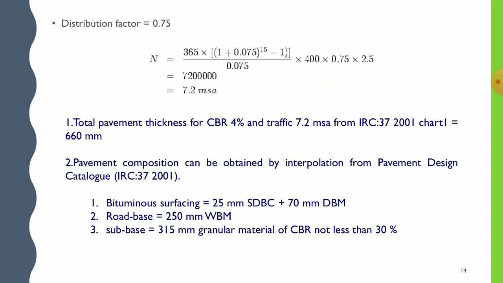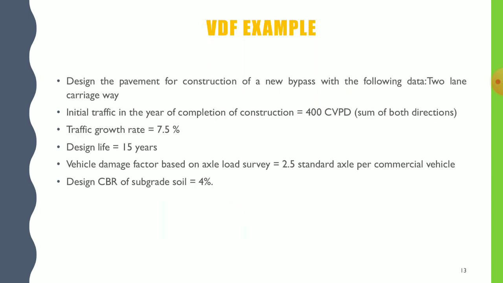We can make any blend or composite pavement also with the help of this depth. So from CBR percentage and traffic, we can have the depth of any layer, or with the help of the number of vehicles, with the help of this formula, we can have any layer depth.